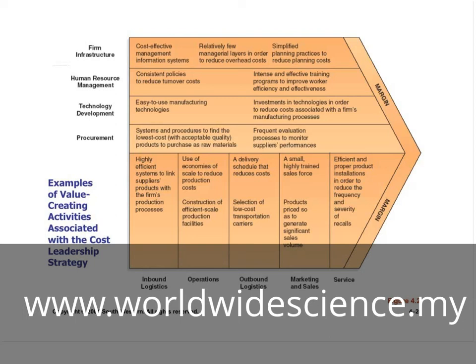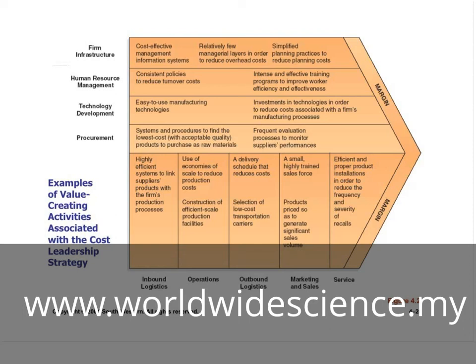So procurement is where you basically try to bring low cost or acceptable quality with a reasonable price for your raw materials. And as you can see, that margin that you see down there is that extra money that you put on all these so that you will get the final price.